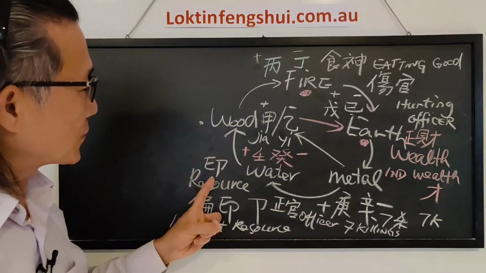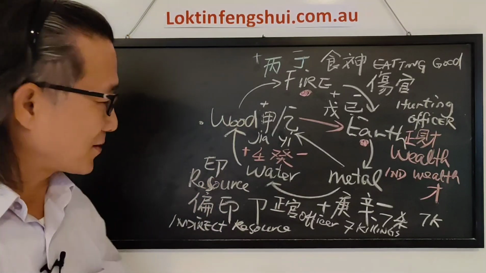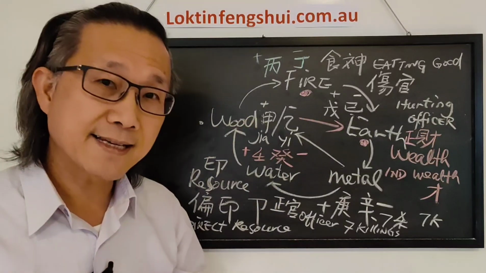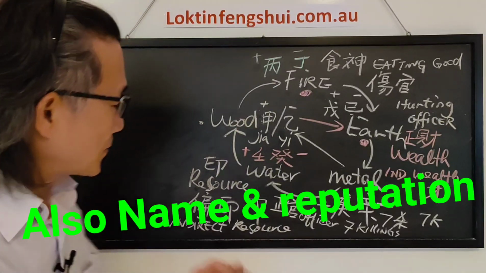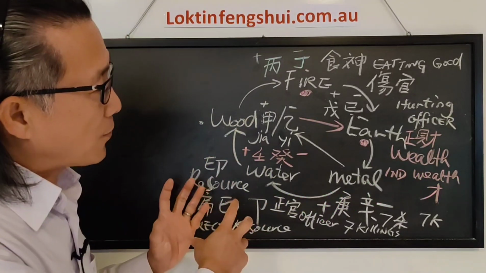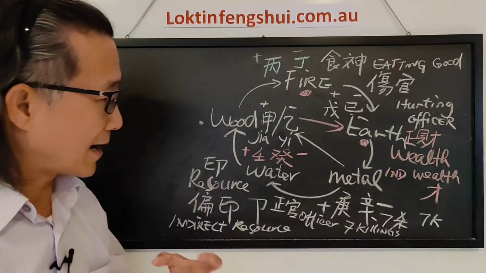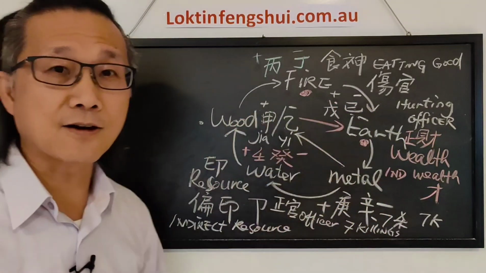So resources in the chart can represent mother, knowledge, the eldest lady, or auntie. So there are different representations in there. I will talk about that in the next video, about the different representations of these 10 gods.